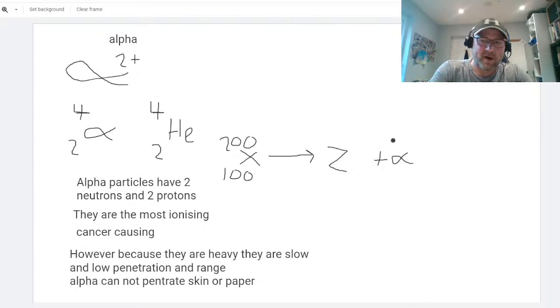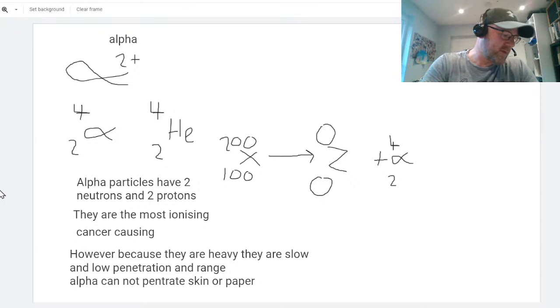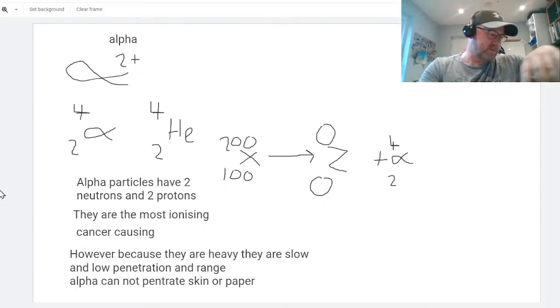The numbers for alpha are 4 and 2. What would be my missing numbers here and here? Can anybody work out what the missing numbers are? This is called a nuclear equation, and this is for alpha decay. So anyone work out what the missing numbers are?